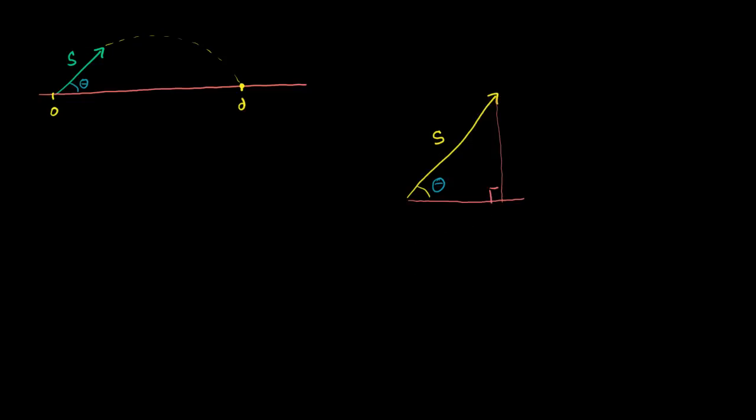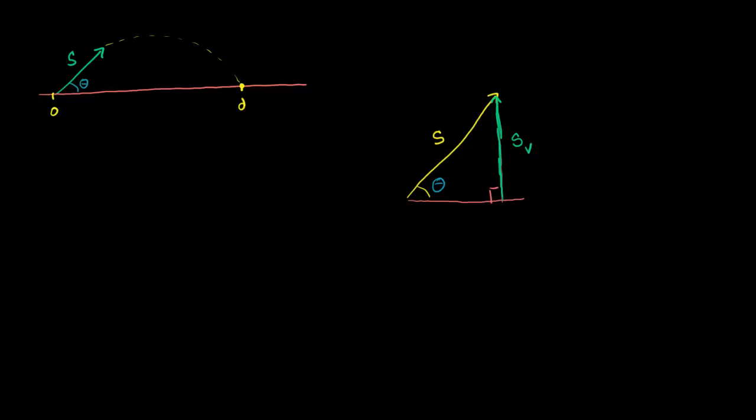And the magnitude of the vertical component of our velocity is going to be this length right here. That is going to be our vertical speed. Maybe I'll just call that the speed sub vertical.